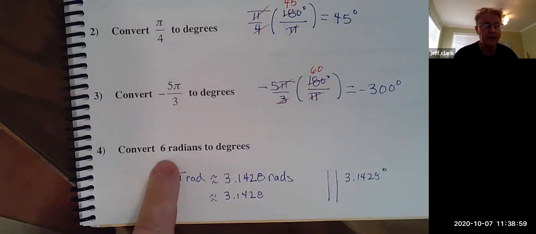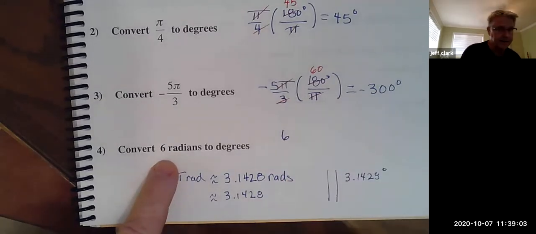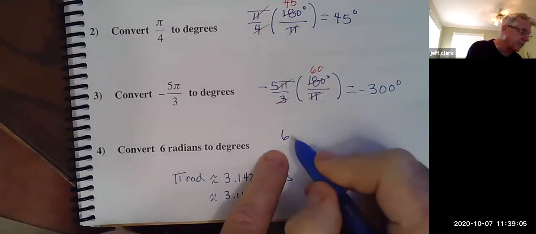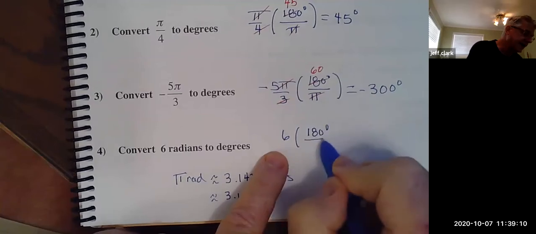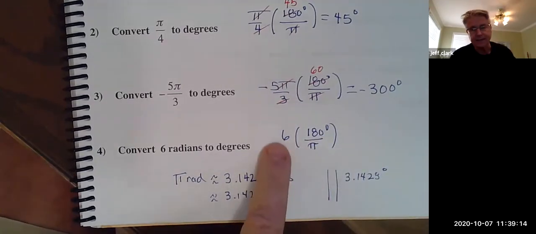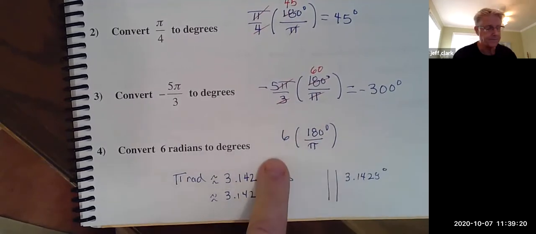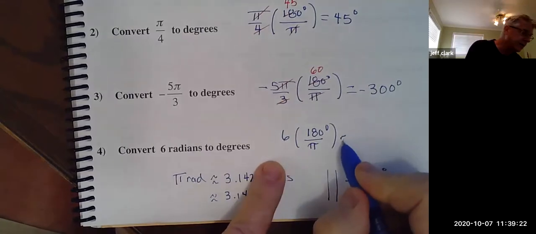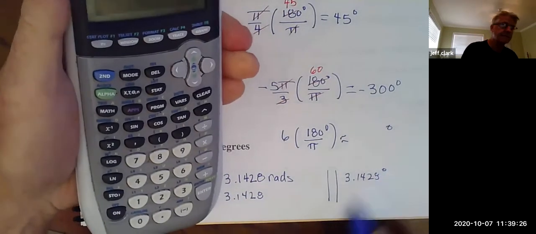So for 6 radians, I'm going to take the 6, there's no pi involved here, and then multiply it by 180 degrees divided by pi. Now, there's no canceling because this isn't pi. So the only thing you can do is multiply all of this together and get a decimal approximation, and it's still a degree.